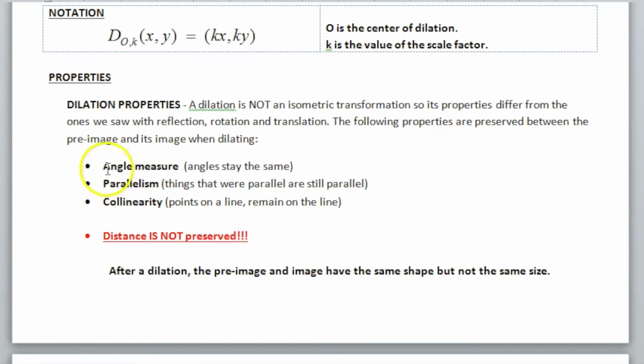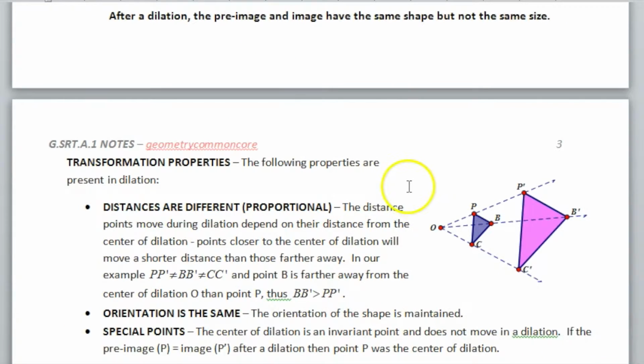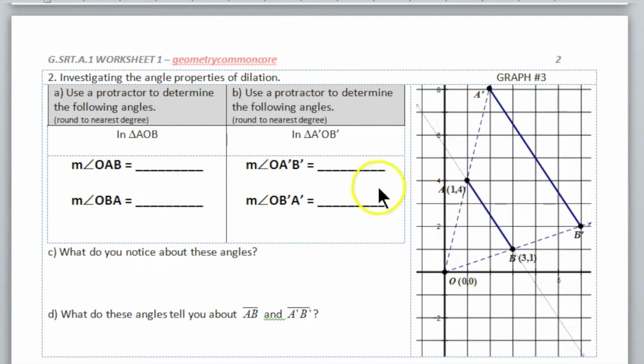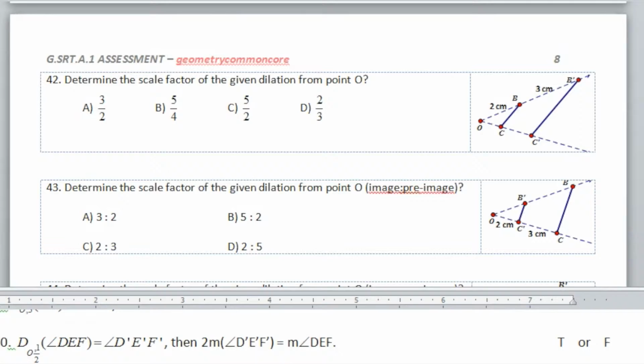We get into this idea of angle measurements, and angles will always stay the same while the sides become proportional. We see that kind of relationship going on. We will spend time in one of the worksheets actually physically measuring those angles to establish that the angles didn't change, and that that's part of the parallelism that's formed.